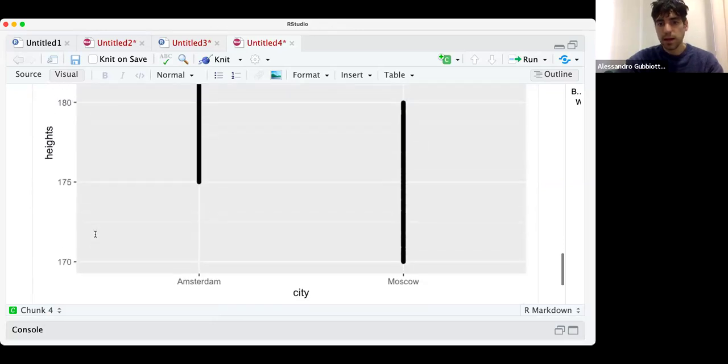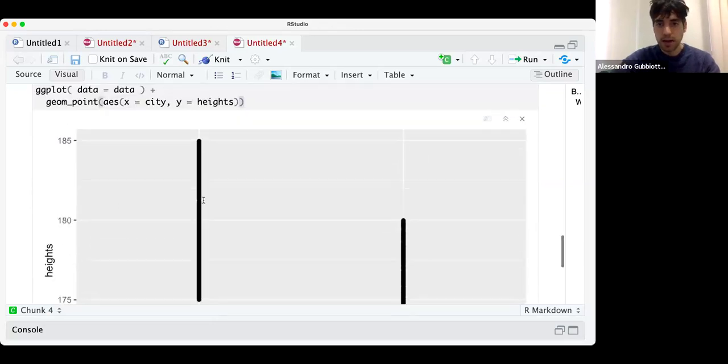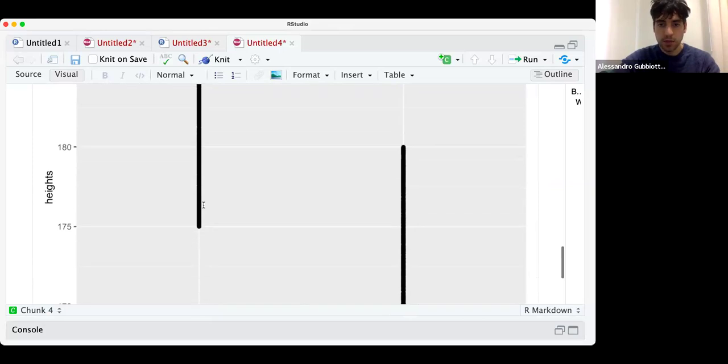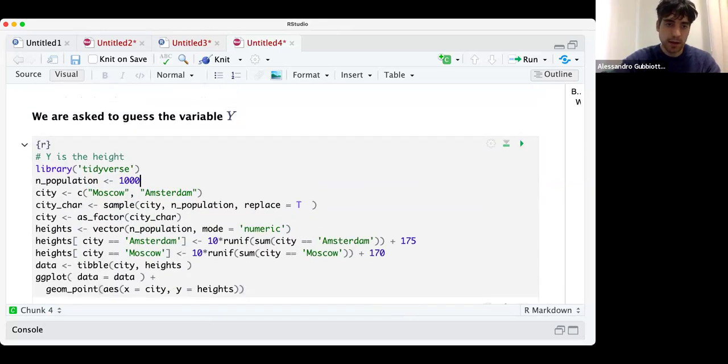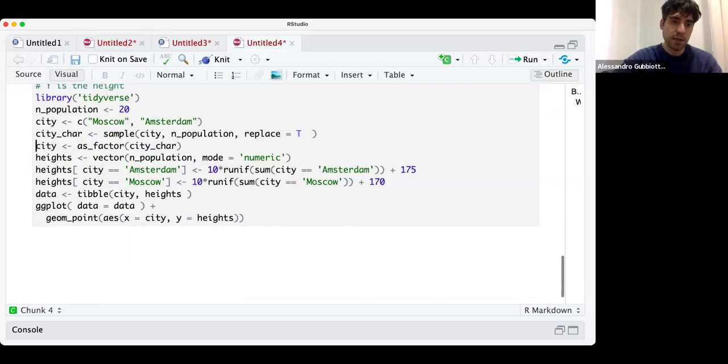Okay, now there are a lot of people, so these look like lines, which makes sense. So let me decrease this number to like 20. But let's imagine it as a big number.